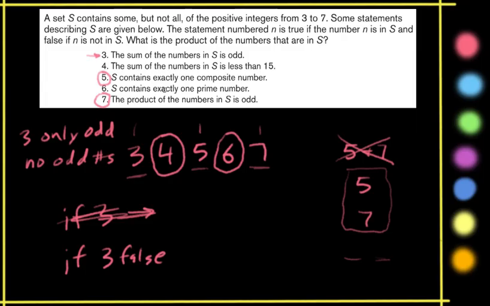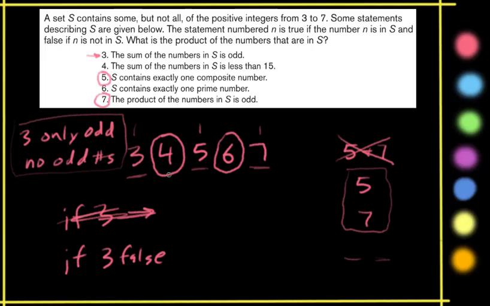So let's see, which ones of these are possible? Are either of these possible? 3 is the only odd, or no odd numbers. Let's say you had no odd numbers. What would that mean? That would mean the sum of the numbers in S is even, yeah. S contains exactly one composite number.